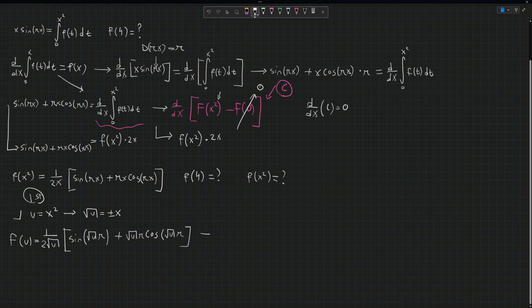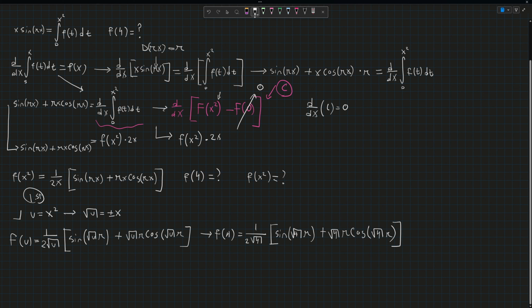Now when f is evaluated at 4, we are going to get 2 times the square root of 4 over 1, times sine of the square root of 4, again, pi, plus, again, the square root of 4 pi, cosine of the square root of 4 pi.